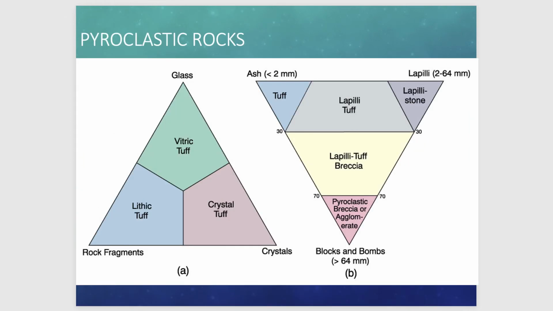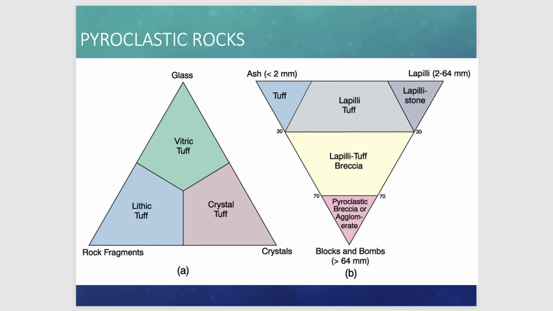Pyroclastic rocks, yes, the classification is usually based on the phenocrysts that you can recognize and also the fragments, because these are assemblages that form by deposition of a variety of fragments which also have different sizes, and in fact the classification is based on size as well.